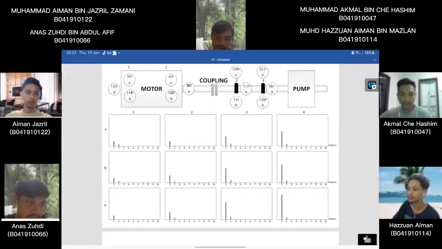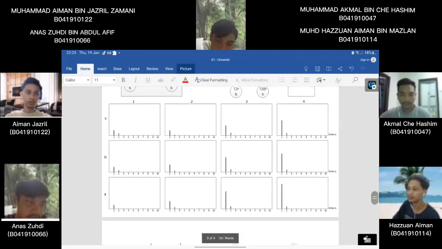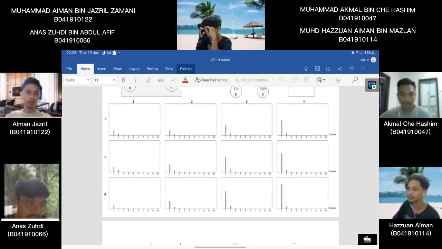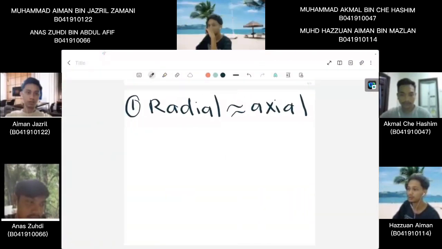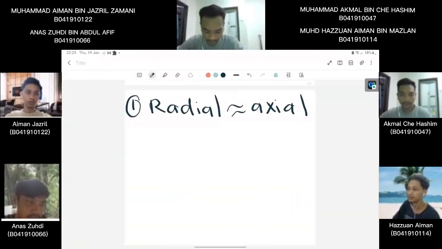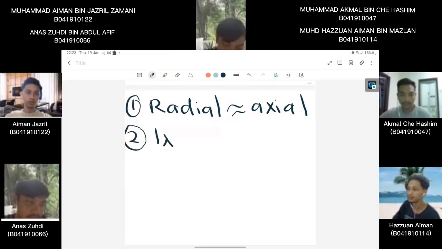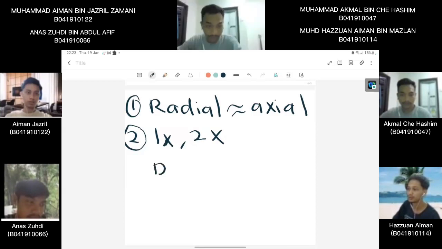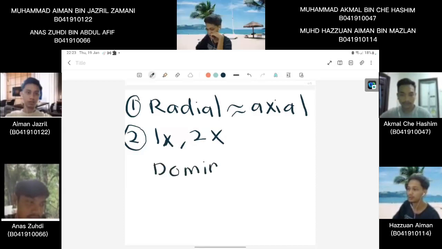There are two spectrum, 1X and 2X. Let's list out first what spectrum it is: 1X and 2X. 1X is dominant compared to 2X. That is the criteria, right? Dominant 1X.